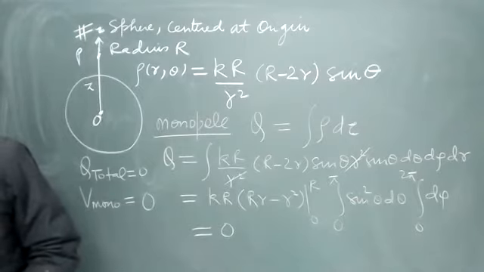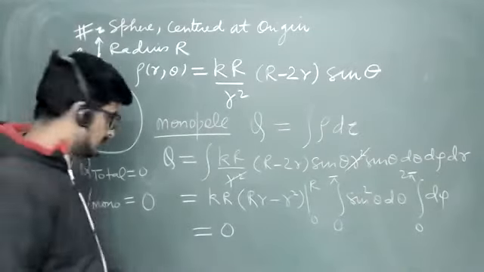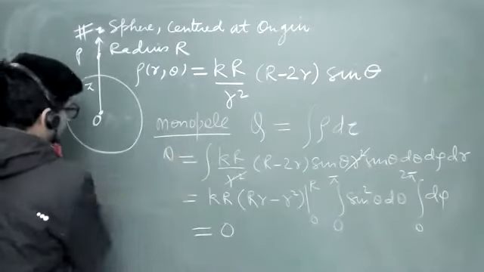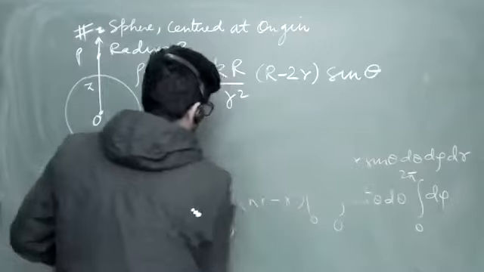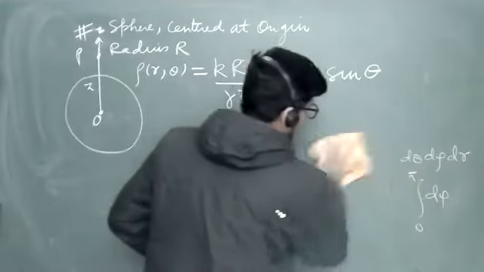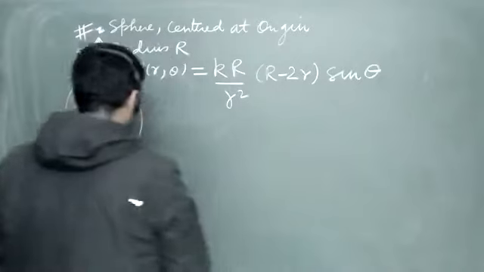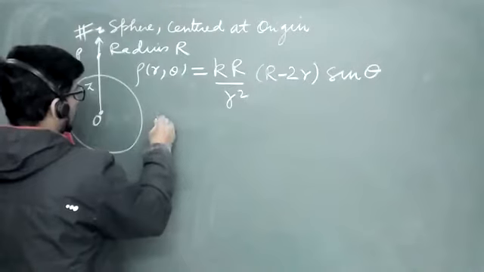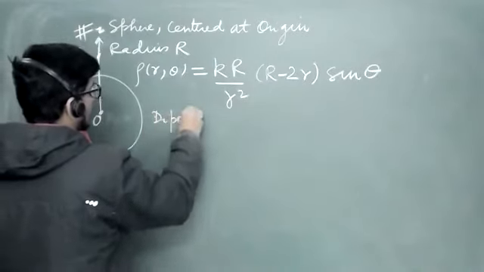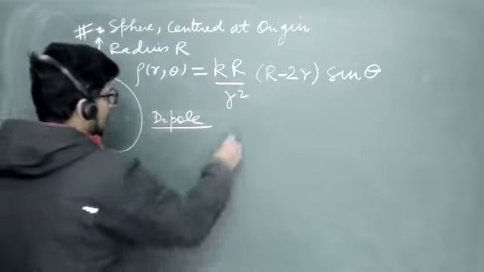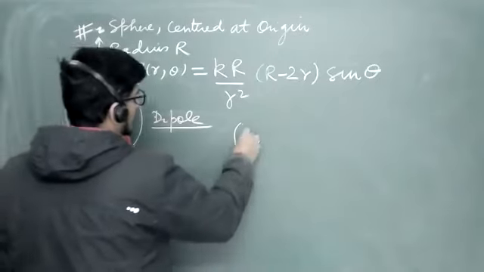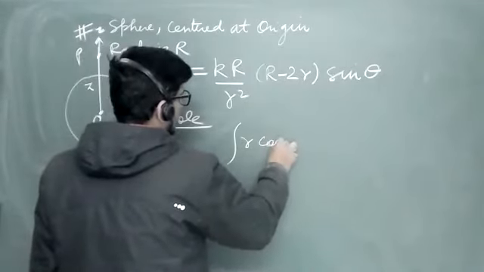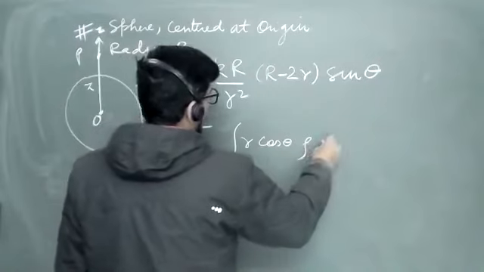Let us do the next one. So what about the dipole? In the dipole term, what we have to calculate is the integral of r cos theta times rho and d tau.